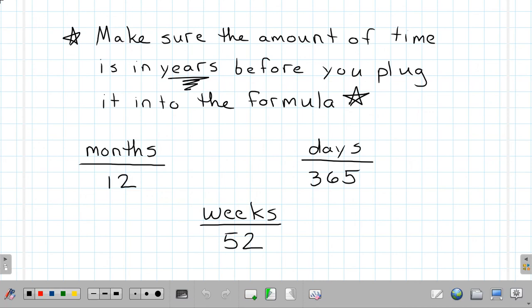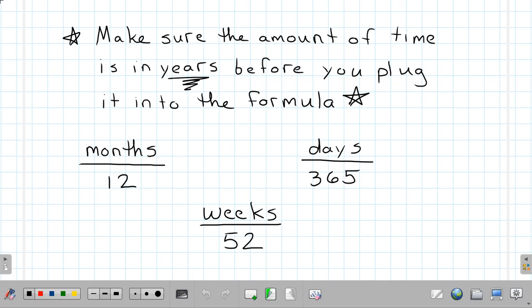This is something you should probably have seen in a science class, or definitely in a math class. But we have to do this, or else we're not going to calculate the interest or whatever we're looking for correctly if we do not have our time in years.